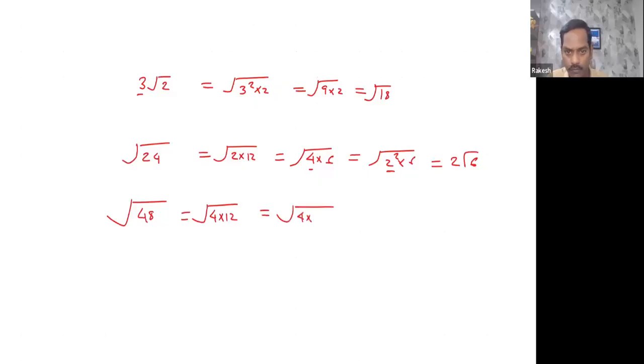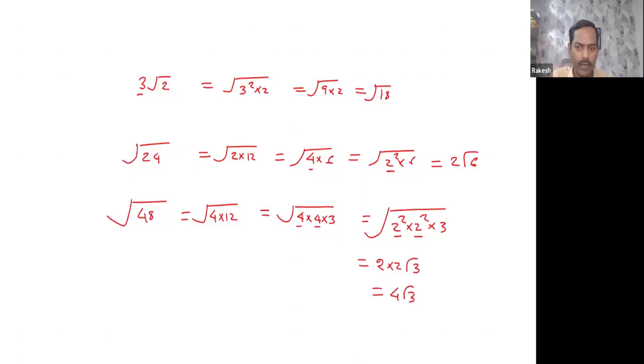Each of these 4s will come out as 2. Why so? Because each 4 is nothing but 2 square, so it is 2 square into 2 square into 3. Each of these as a pair will come out only once, and within the radical sign only 3 will remain. So which comes out to be 4 root of 3.